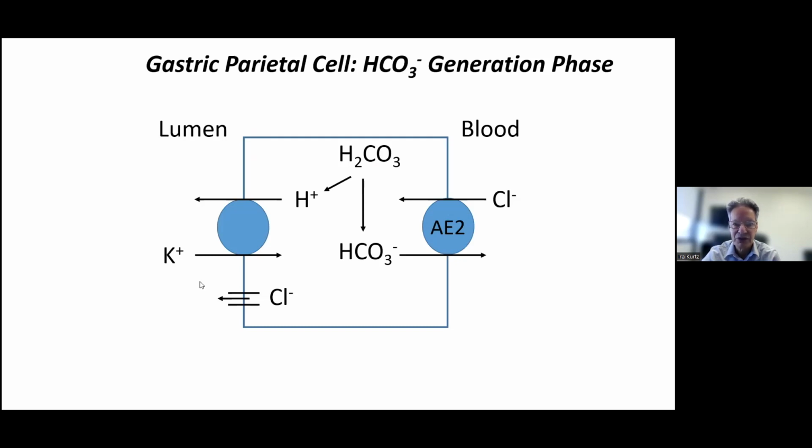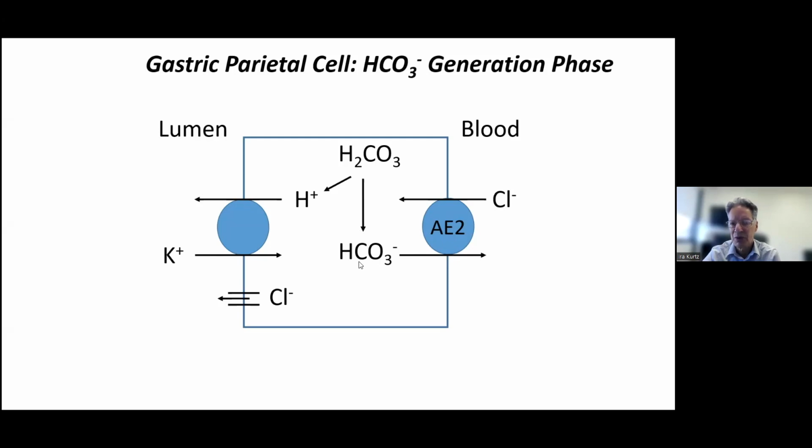There's an H-K ATPase which acidifies our stomach, and every time a proton is secreted, 1 bicarbonate ion is generated, and that bicarbonate ion does not stay in the cell, nor does it go into the lumen with the proton. It actually is vectorially transported on the other membrane on a protein called AE2, which stands for anion exchanger 2, into the gastric venous blood.